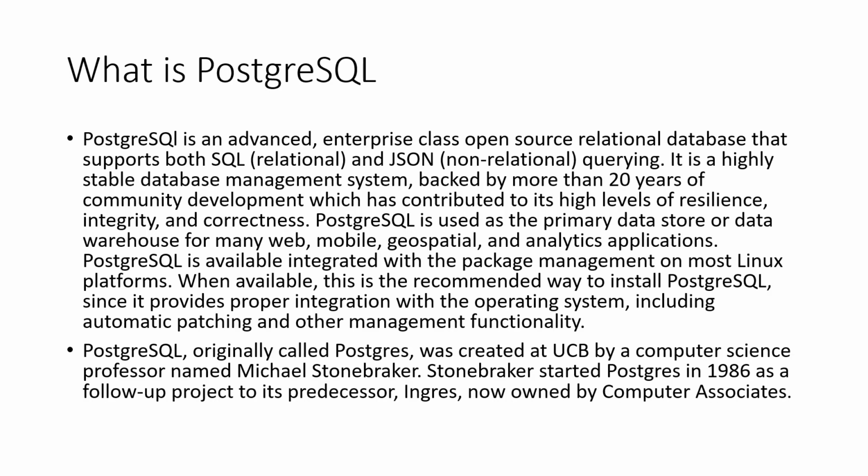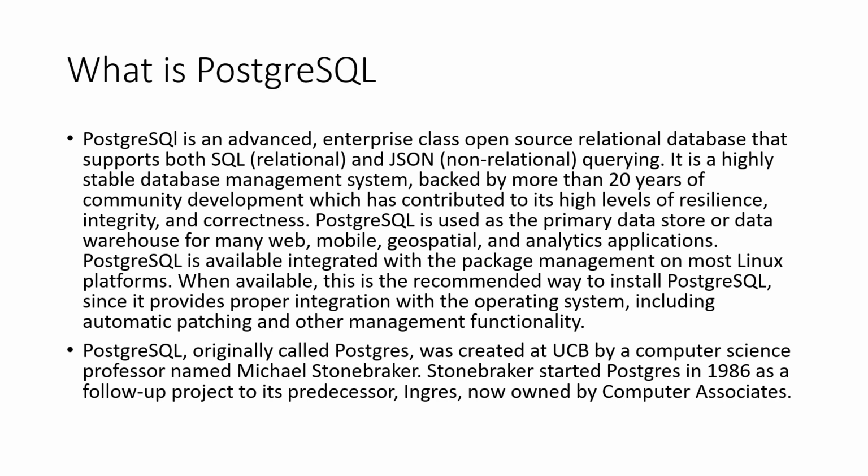So what is PostgreSQL? PostgreSQL is an advanced, enterprise-class, open source relational database that supports both SQL relational and JSON non-relational querying. SQL basically stands for Structured Query Language and is mostly used to work with databases, and it's relational.